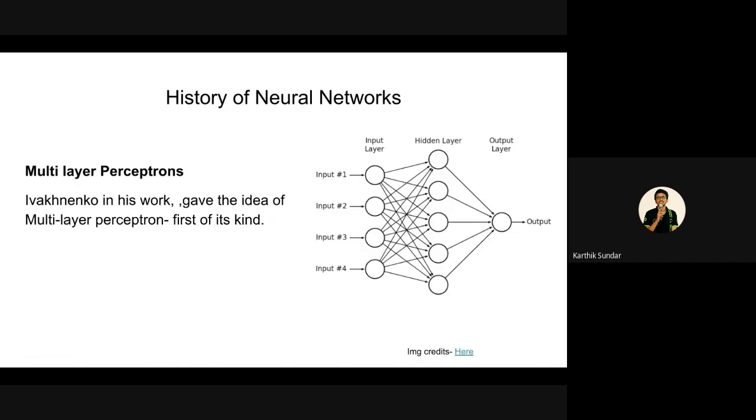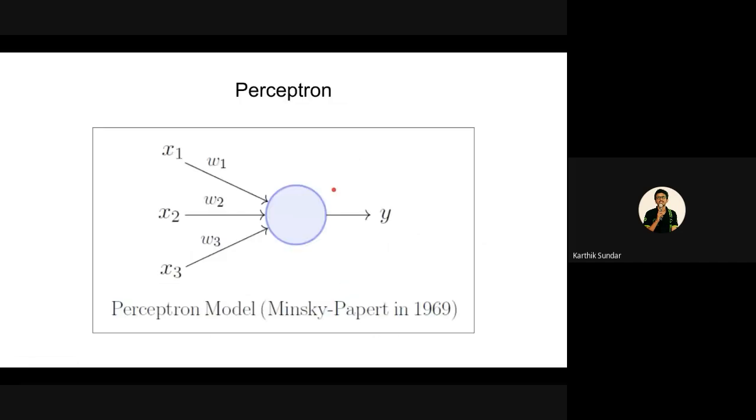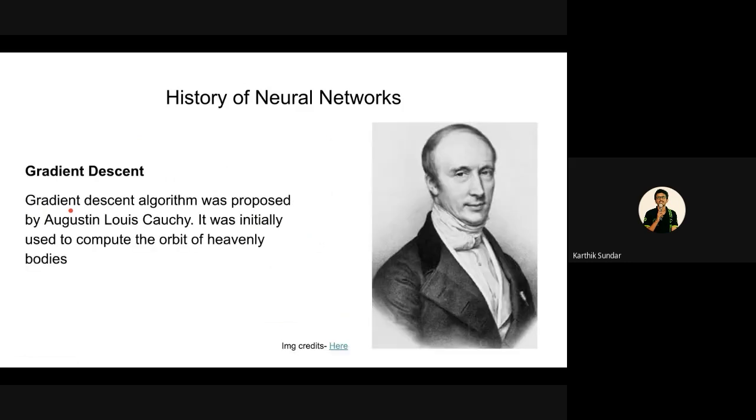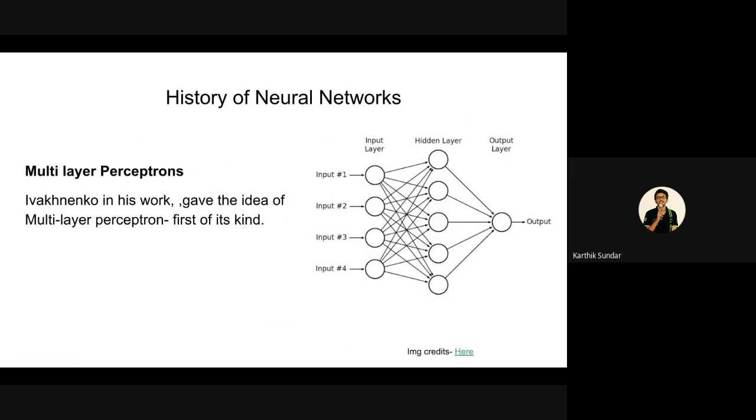Later they came up with the multi-layer perceptron. The idea was, instead of a single perceptron, let me stack up the perceptrons and give an output. That was the idea given by Minsky and Papert, and it was the very first of its kind. But the history of neural networks stopped for a bit here.